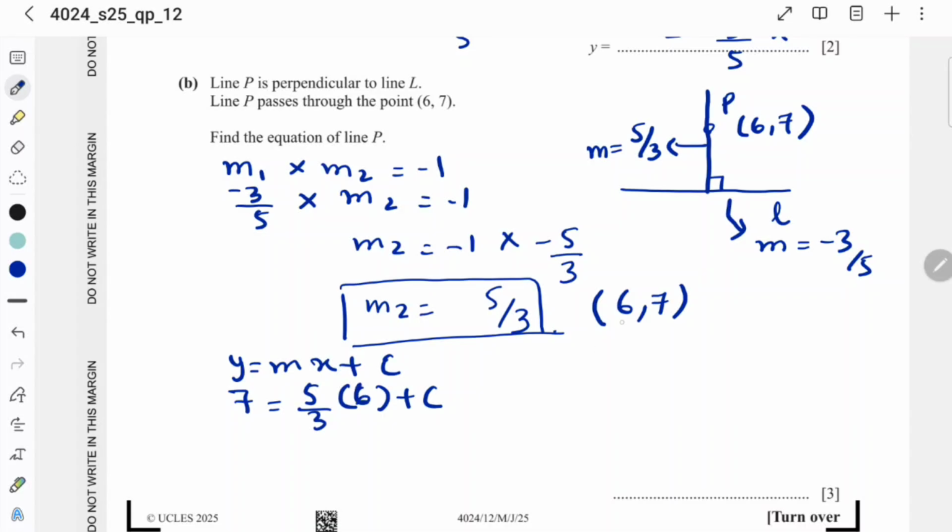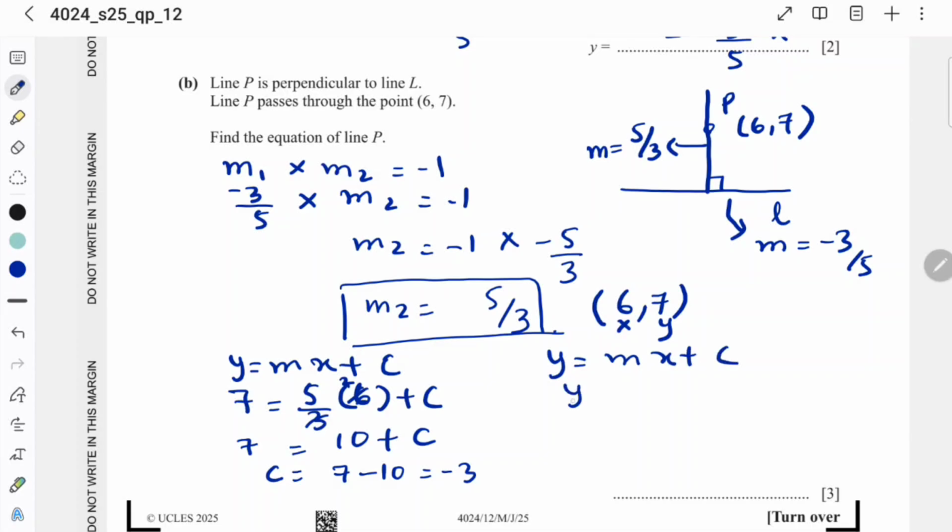In place of x we put 6, in place of y we put 7, and in place of m we put 5 over 3. 3 times 2 is 6, so 7 equals 5 times 2, which is 10, plus c, and c equals 7 minus 10, which is -3. So y equals 5 over 3 x minus 3, which is the equation for the line P, perpendicular to the line L.